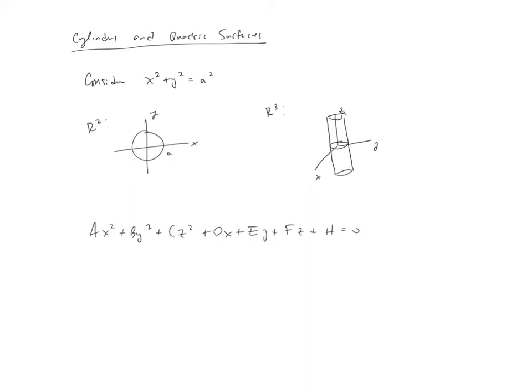You don't need to know anything special about it, but I did want you to see that you've got the x squared, y squared, z squared, and then we just go down by powers there. We'll manipulate it to make it much nicer, but that is what a quadric surface will essentially start off looking like.